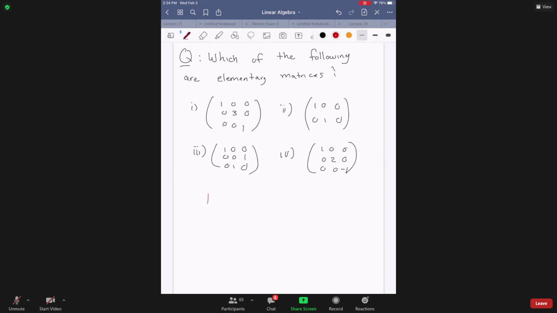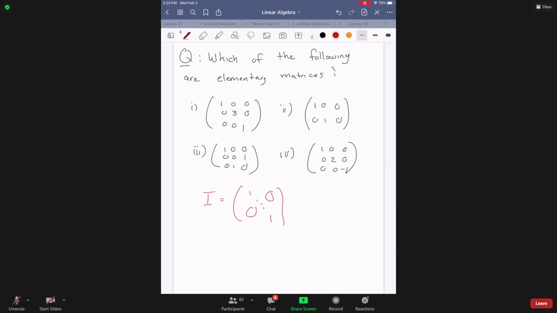And remember, the identity in this case is just a matrix with ones in the diagonal and 0 everywhere else, right? So just keep that. According to the definition I just gave, is number 1 an elementary matrix?